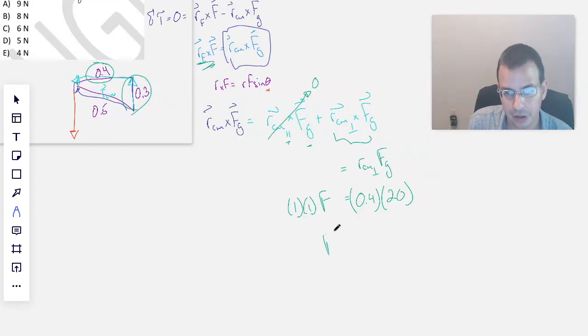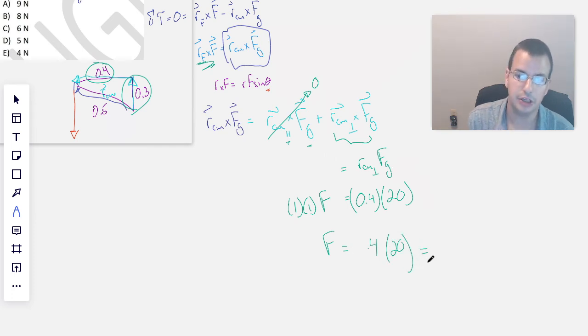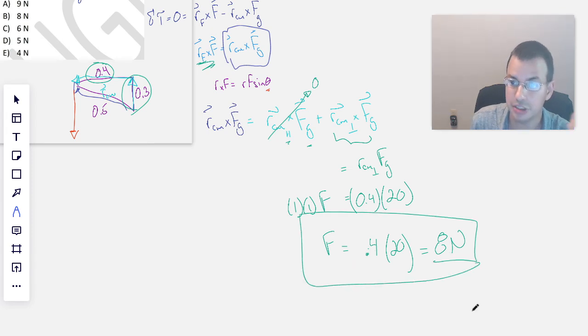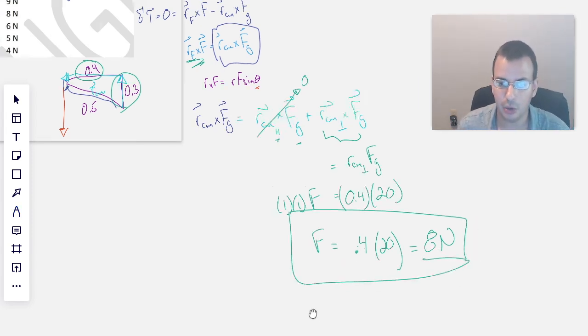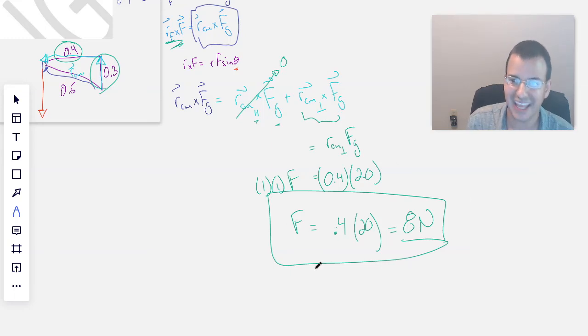So therefore, force is going to be 0.4 times 20. So to simplify this a little bit, actually we need to do this math, no big deal. So 0.4 times 20 is 80, and then move the decimal point over because of the point, and we have 8 newtons. And this is how we can get our force is 8 newtons.